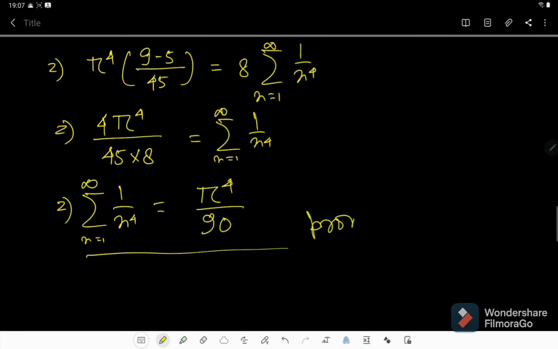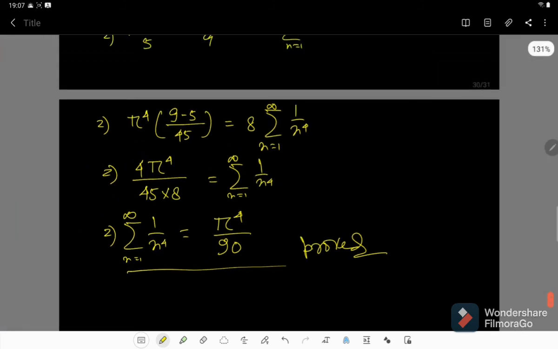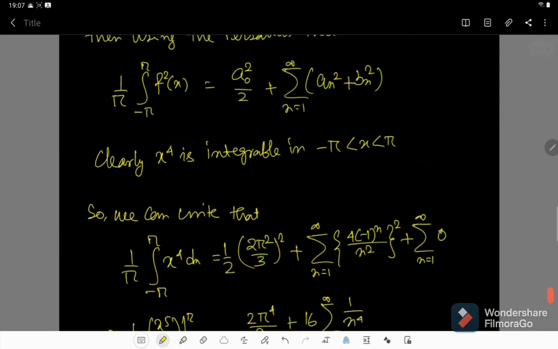So we have also proved this using Fourier expansion as well as Parseval's theorem.